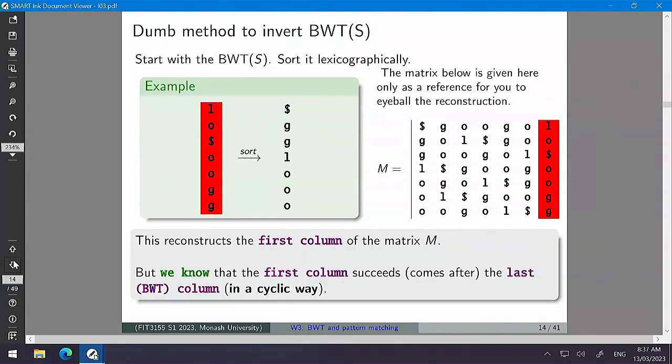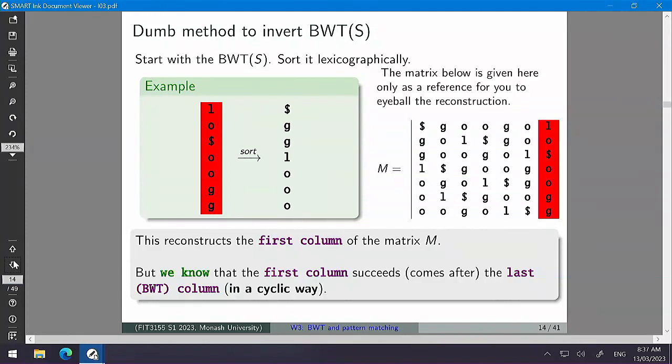We already know how to construct it: you apply your suffix array algorithm, and then from the suffix array, you can compute the Burrows-Wheeler transform. The forward process you've learned an algorithm for. Now we're talking about inverting it. You're given the Burrows-Wheeler transform, how do you invert it?